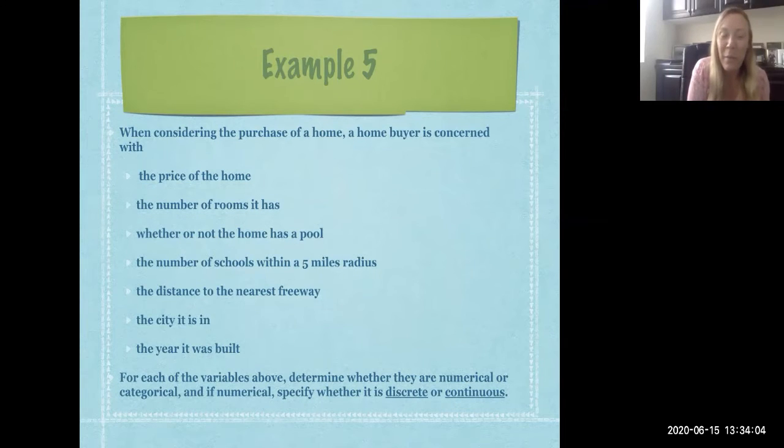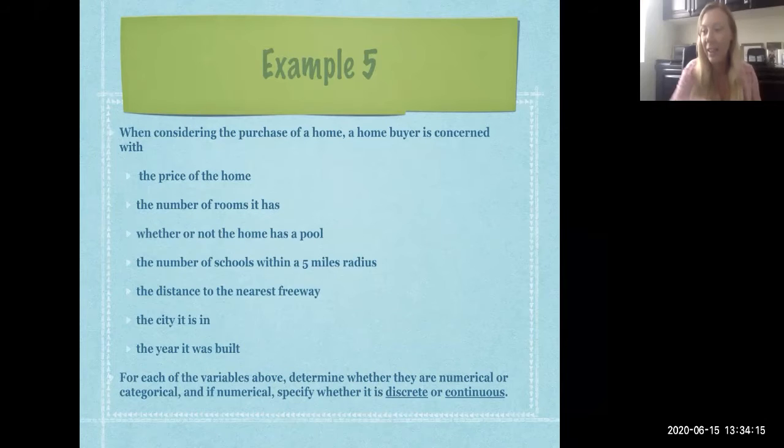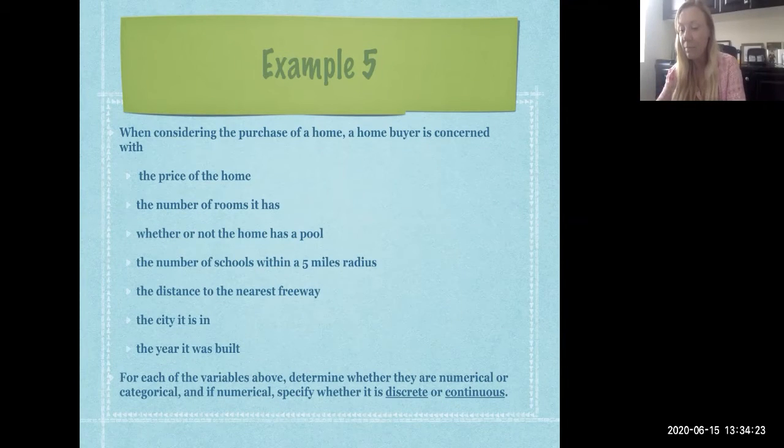So Roland, the price of the home, is that numerical or categorical? And if it's numerical, what type of numerical is it? I think it's numerical. And continuous. Continuous. So this is the thing with statistics, is that a lot of times you can kind of argue some of the answers, depending on your justification.